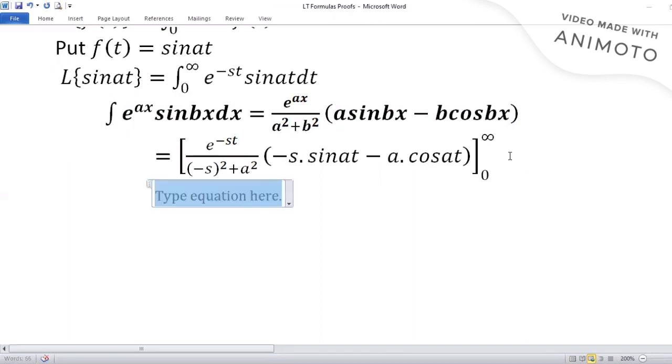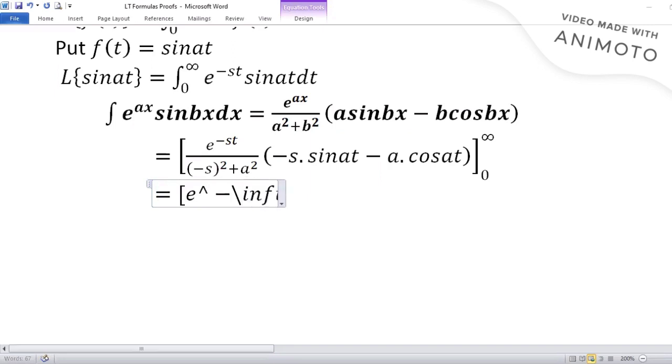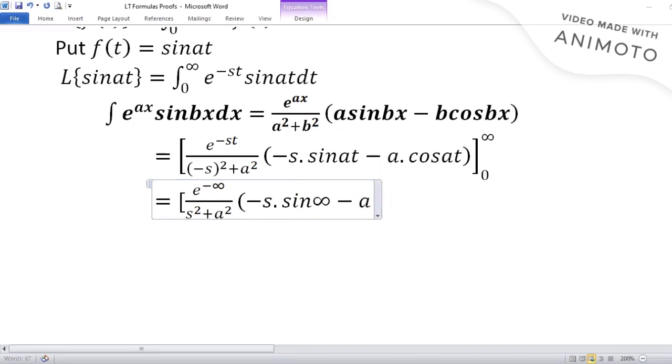Once again, the first limit is going to become e raised to minus infinity, denominator s square plus a square. And with the other term minus s sine of infinity minus a into cos of infinity.